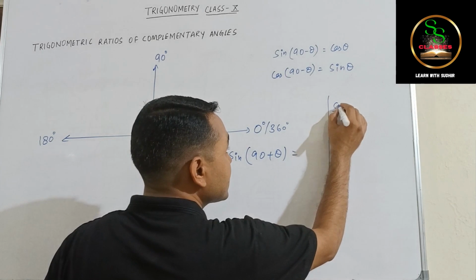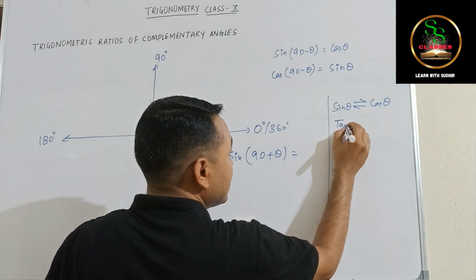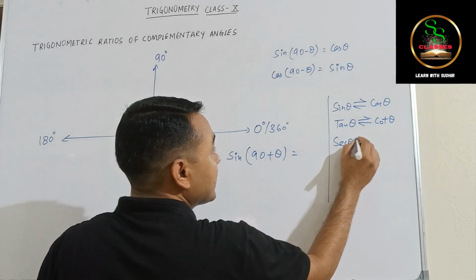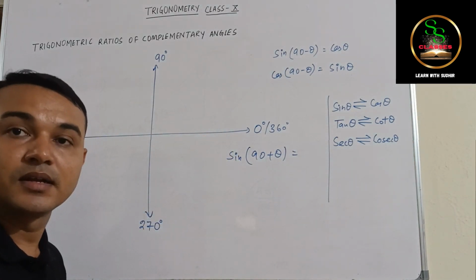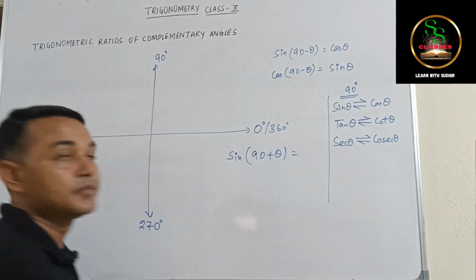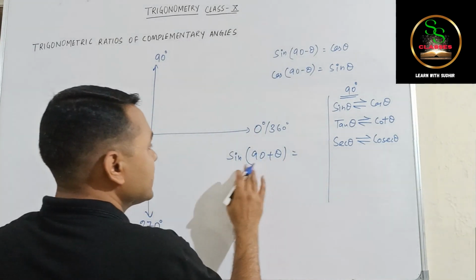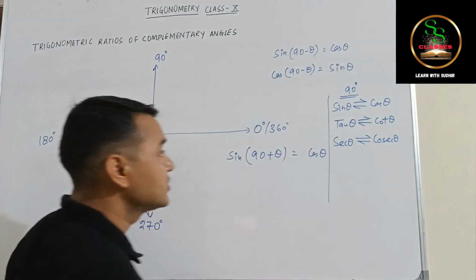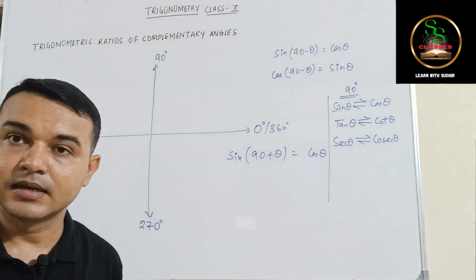Similarly, you remember, tan will become cot, cot will become tan, sec will become cosec, and cosec will become sec. When we are changing with a 90-degree angle, whether adding or subtracting, sin 90 minus theta is cos theta. So definitely sin 90 plus theta will also become cos theta. Right? Okay.